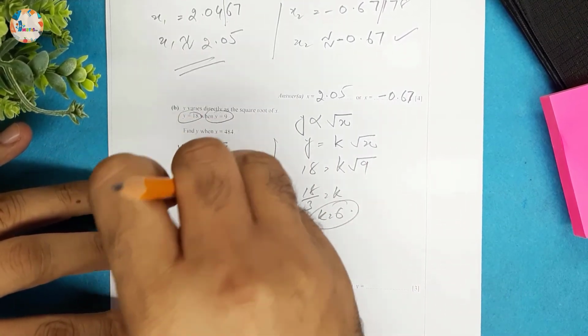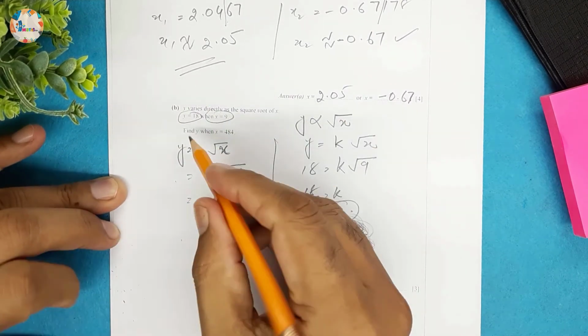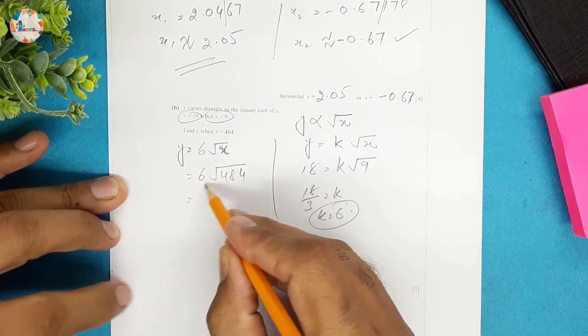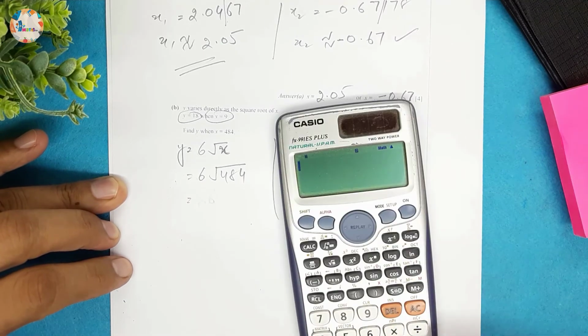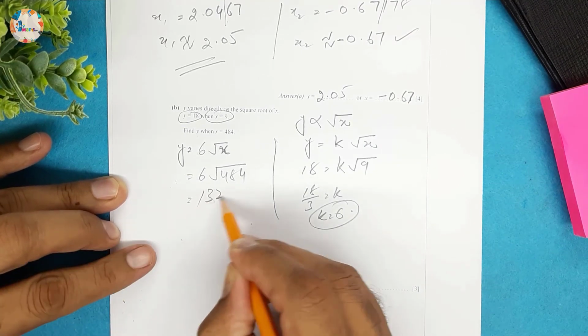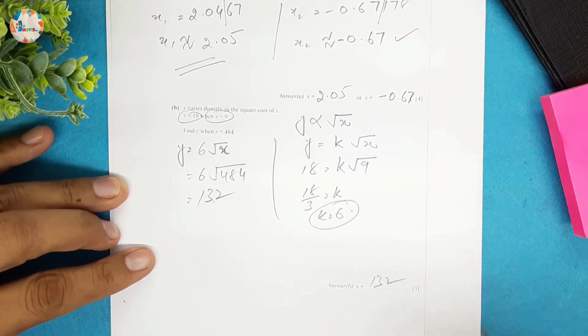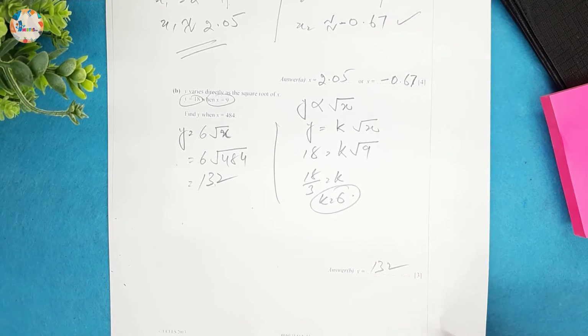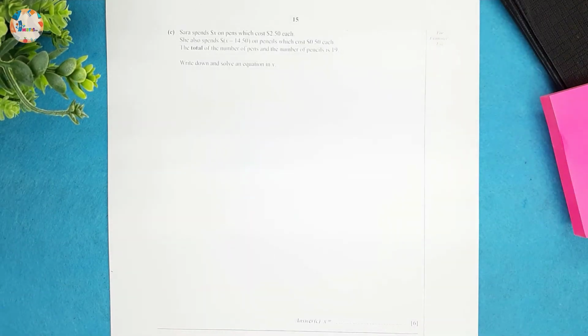So after rectifying this, we can put here 6, and after calculation 6 root of 484, the answer will be 132. So the answer is 132. So we can write here, answer is 132. This is done. Now part c.